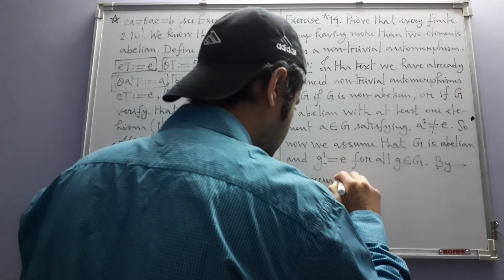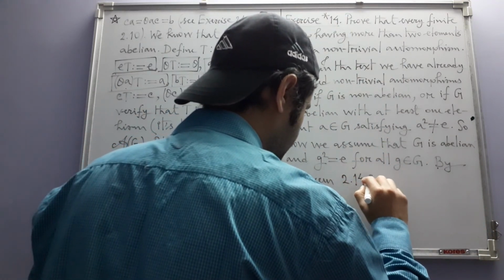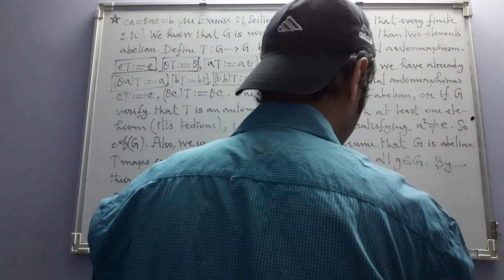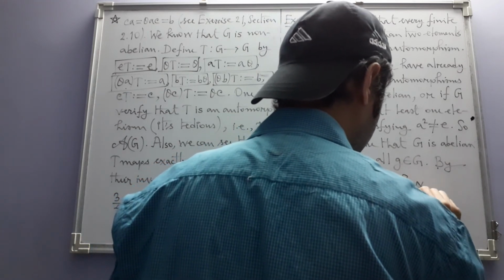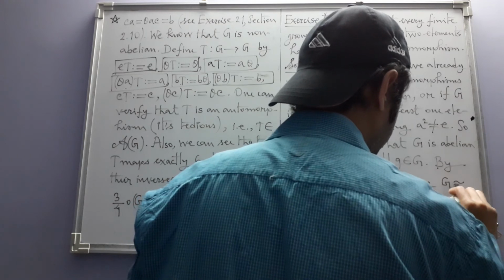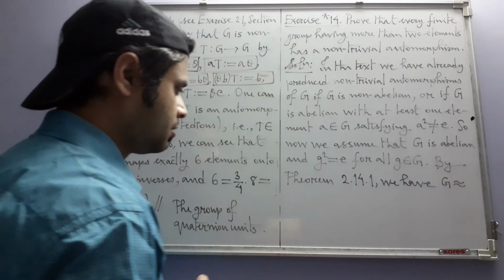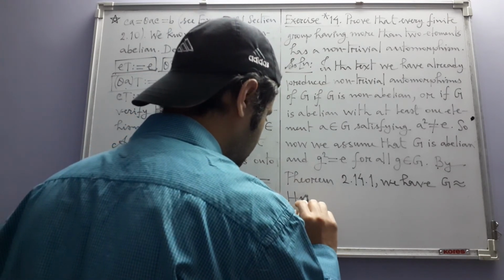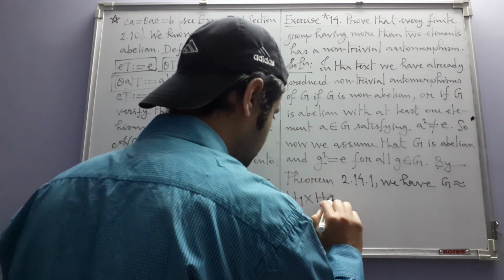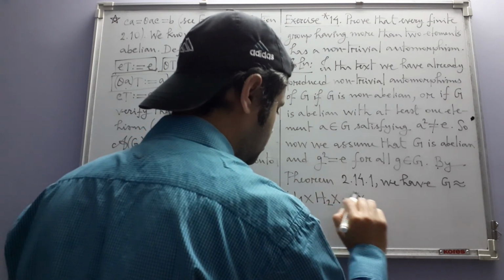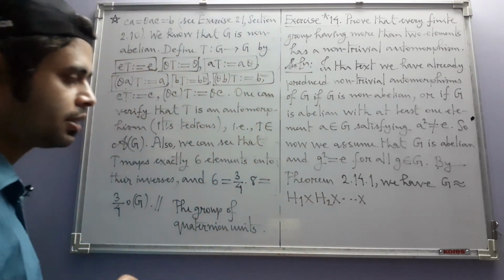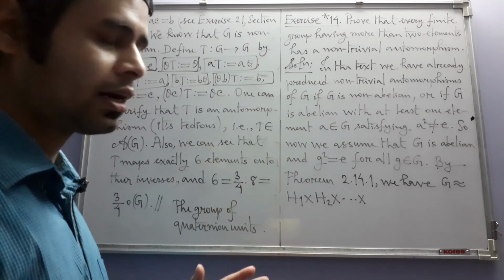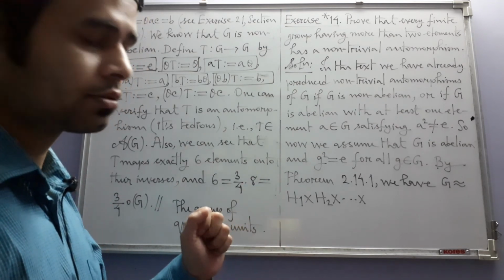By theorem 14.1 from the 14th chapter, we have that any finite abelian group is a direct product of cyclic groups. How this Cartesian product is a group, you will get that in the 13th chapter, where we will see direct product of groups.